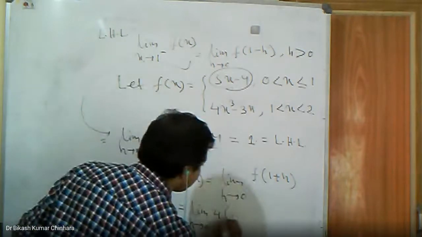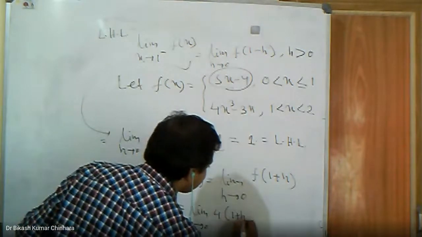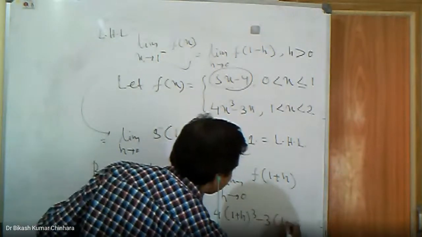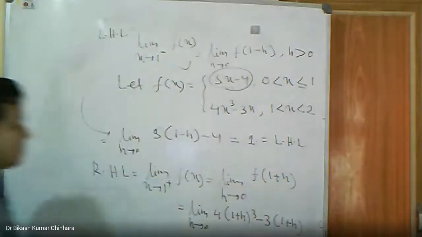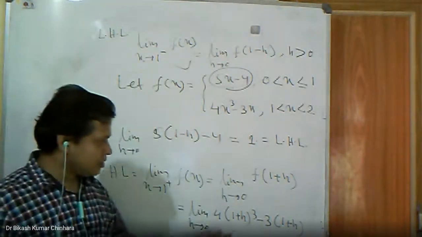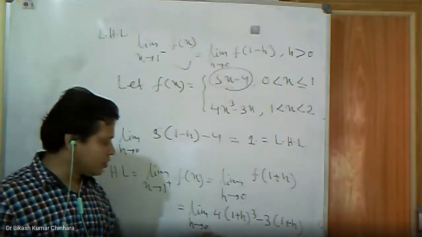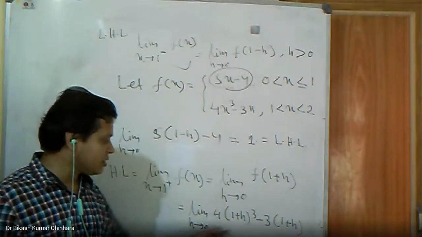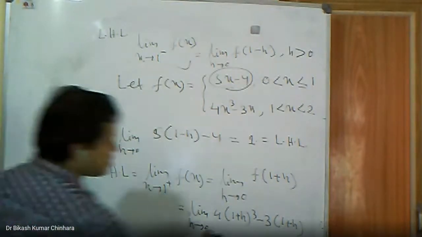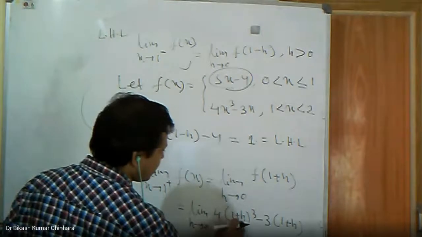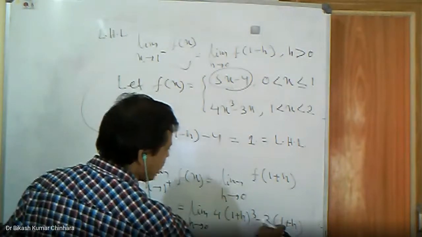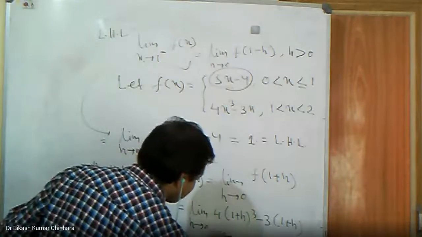So 4 into 1 plus h cube minus 3 into 1 plus h. Is it okay? And this is a polynomial type of thing, so you can directly set h equal to 0. If you put h equal to 0, this is 1, this is also 1, so it is 4 minus 3.